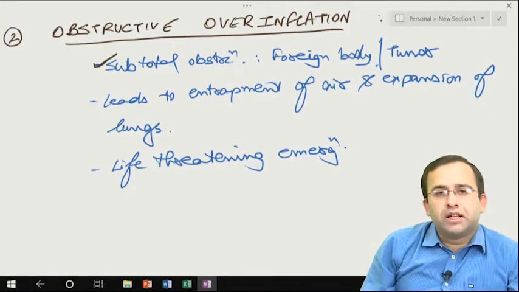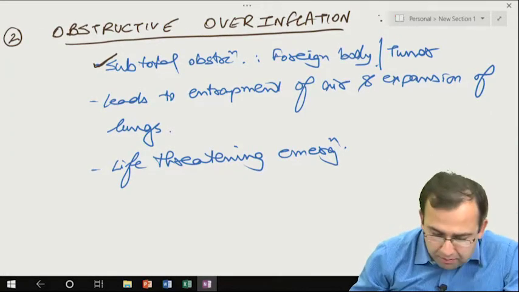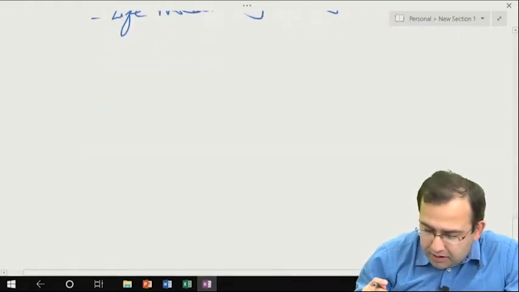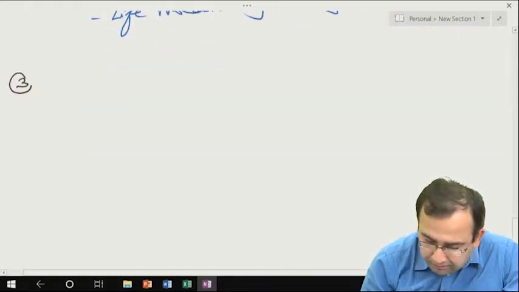The last type of emphysema is bullous emphysema.